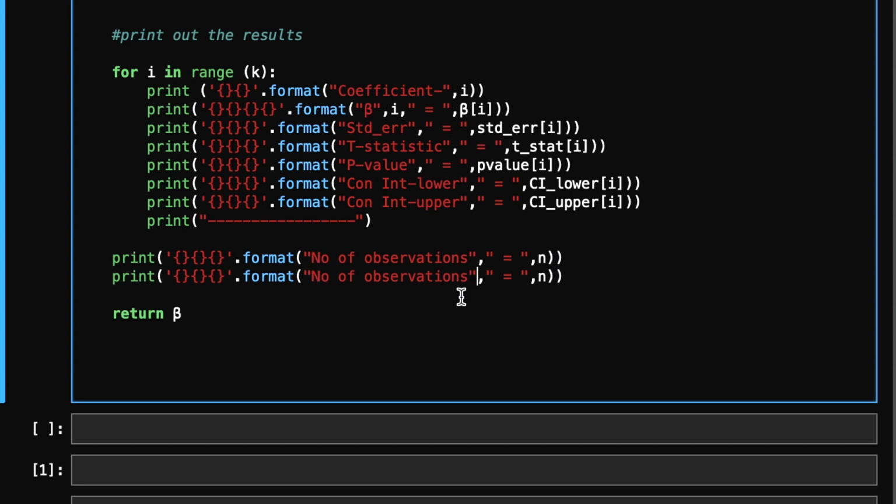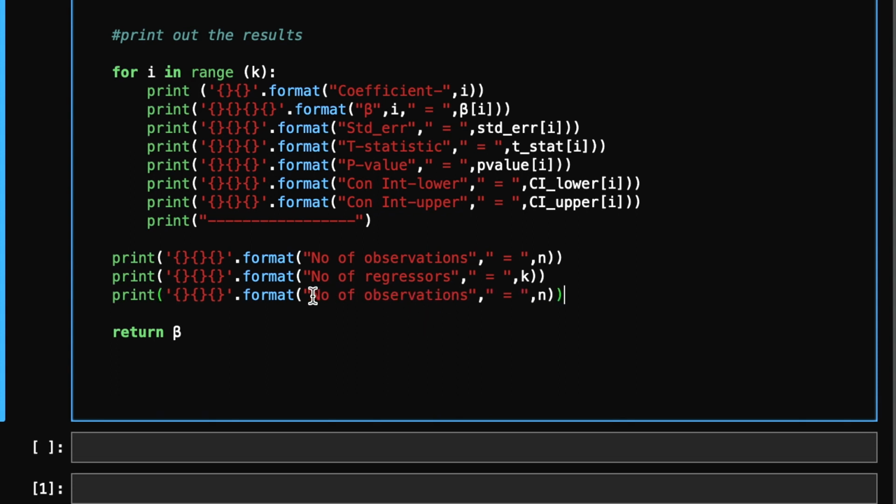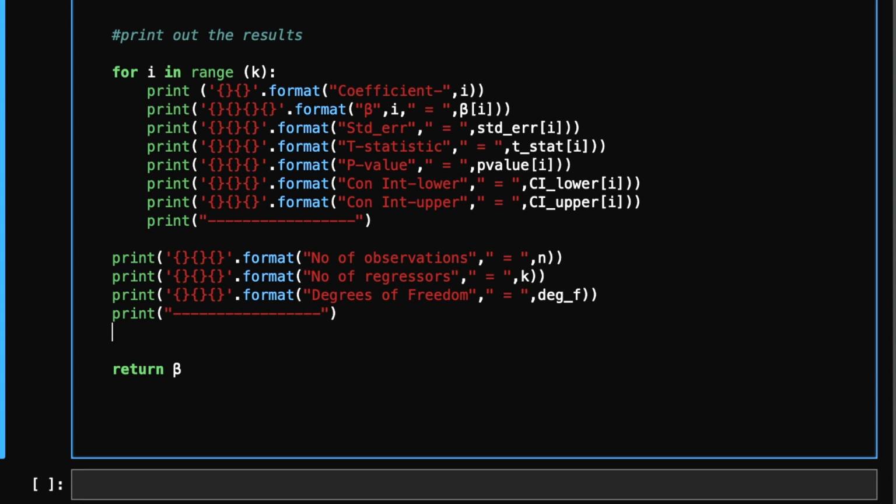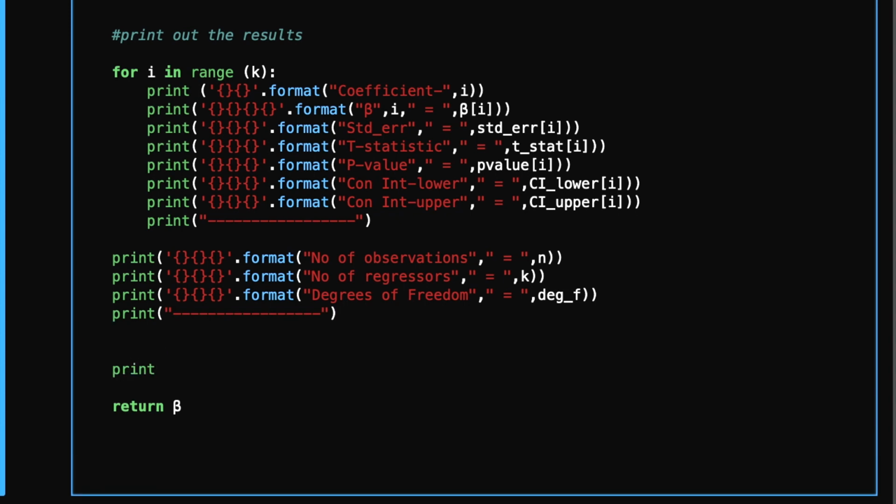And then the number of regressors should be equal to k, and degrees of freedom should be equal to the degrees of freedom that we calculated. Let's add a separator here, and then let's print the remaining statistics, which are the MSEs.